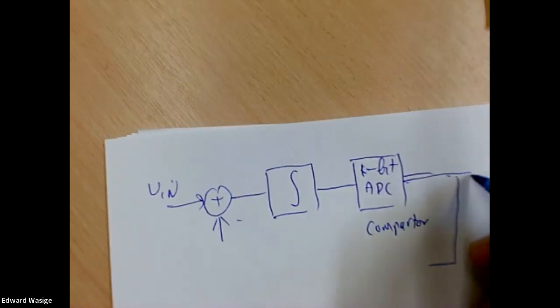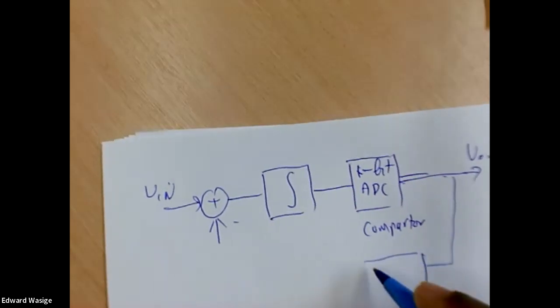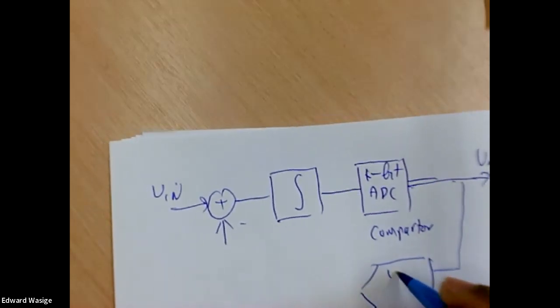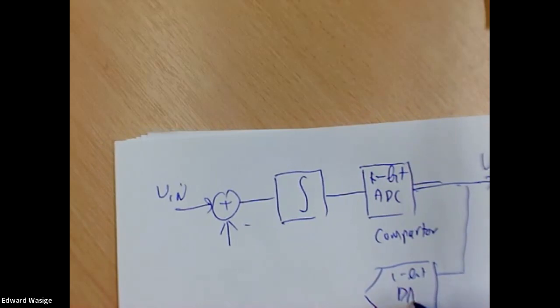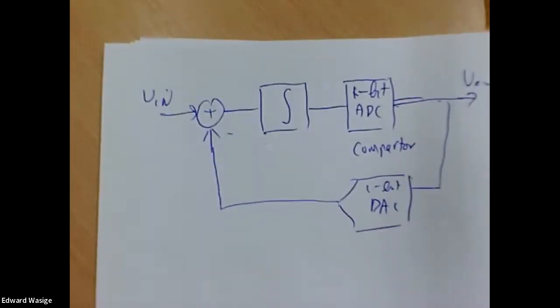And this is V out. We use this 1-bit DAC, and this one goes back there.